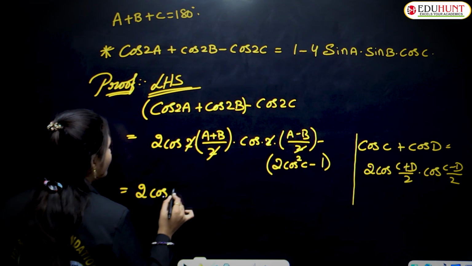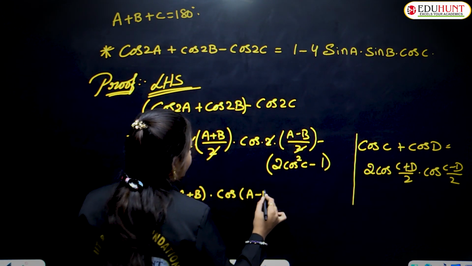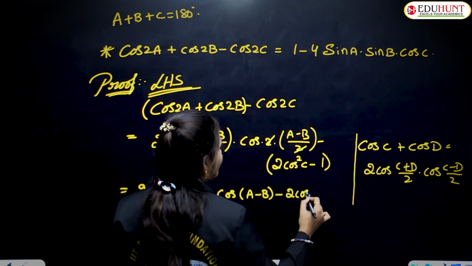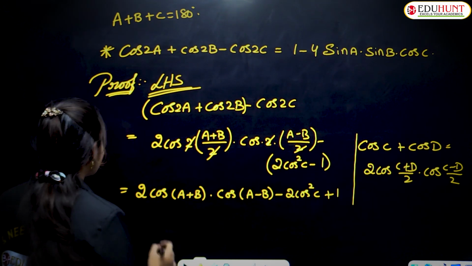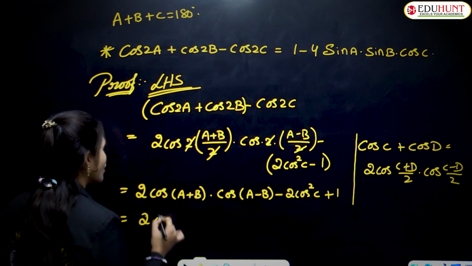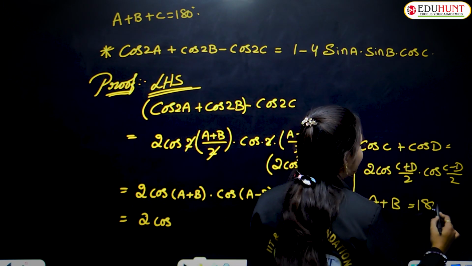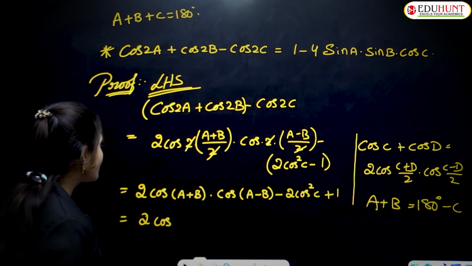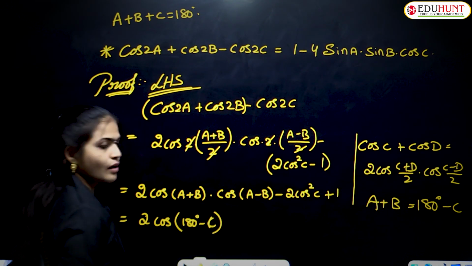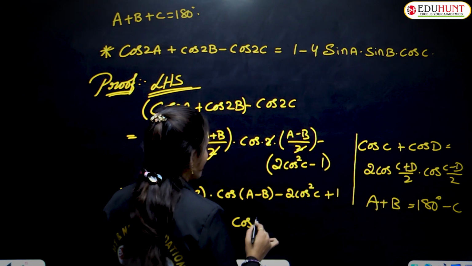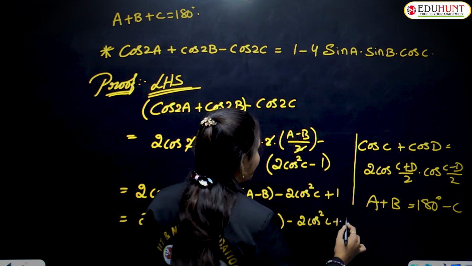The leftover is 2 cos of (a plus b) into cos of (a minus b) minus 2 cos square c, and here minus into minus is plus 1. From the condition, a plus b we can write as 180 degrees minus c. So in place of a plus b we write 180 degrees minus c, into cos of (a minus b), minus 2 cos square c plus 1.